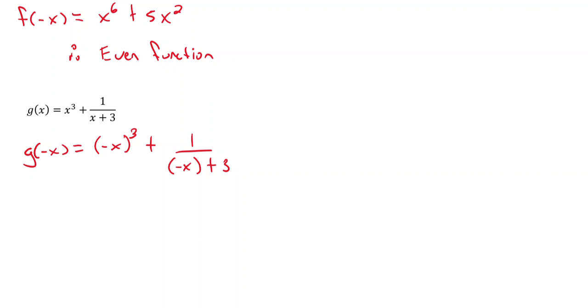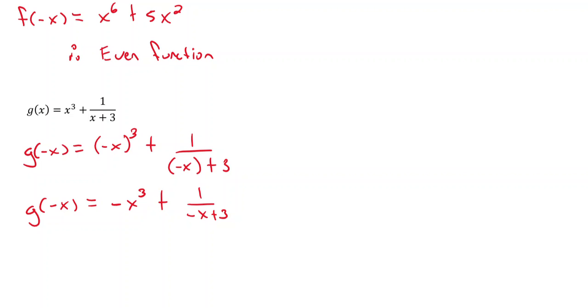Then we're going to simplify this a bit. So g of negative x: this is the same thing as pulling the negative out front, and then x to the 3. Plus 1 over negative x plus 3.